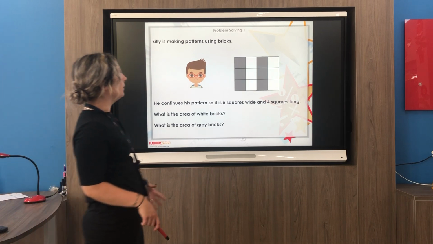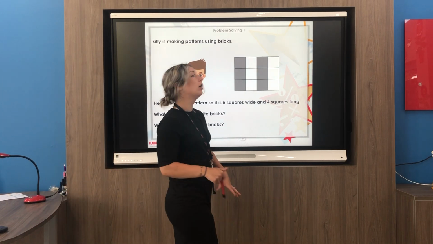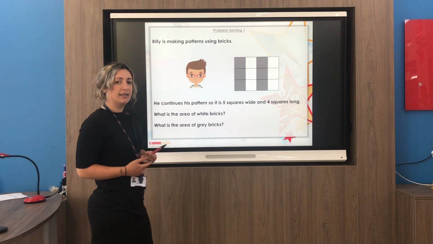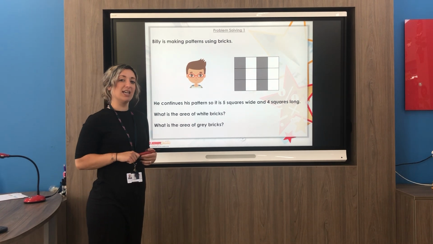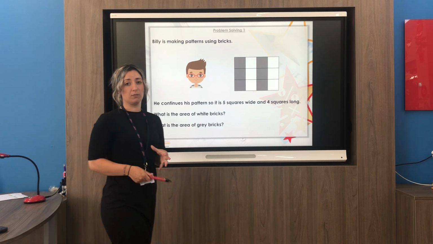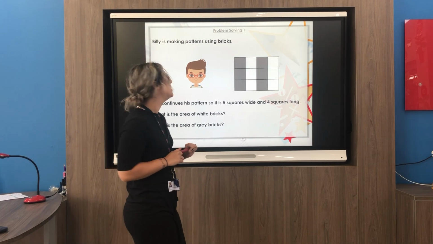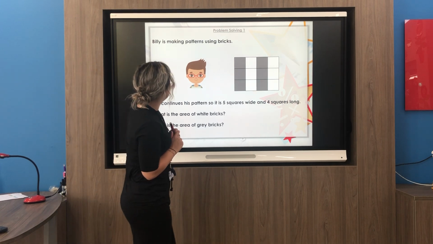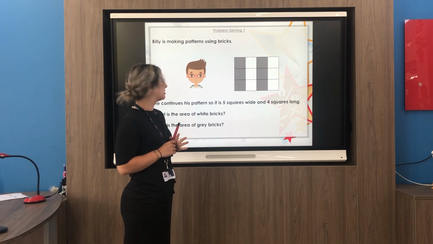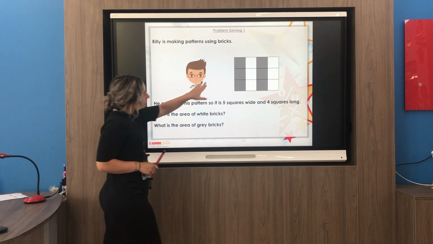Now for the final one, we've got a problem-solving word problem. So we're going to read this and we're really going to think about what keywords are in there, because it's very easy to get tricked with these word problems if you miss out the key information. Okay, so Billy is making patterns using bricks. Here is his pattern.